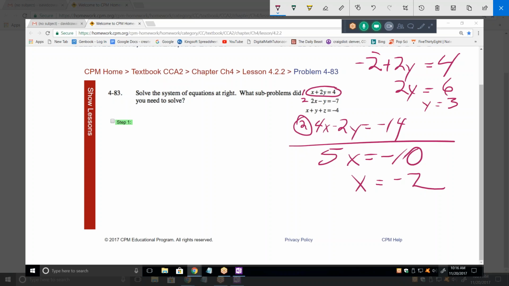Remember, when you move this negative 2 to the other side of the equation, you have to change its sign. That's a frequent mistake I see students make, especially the way I do things. In other words, I don't do it the way your class does it. The way they taught you is you add 2 and you add 2.